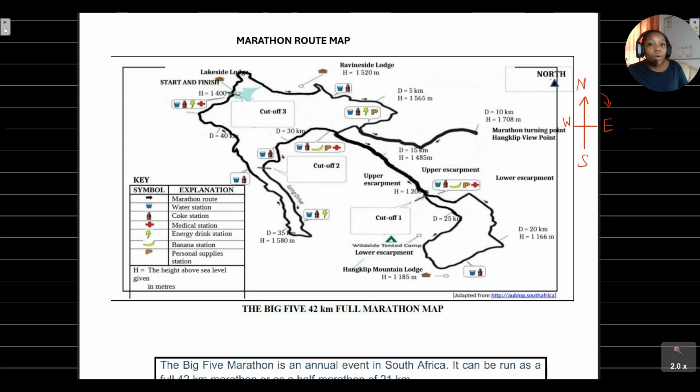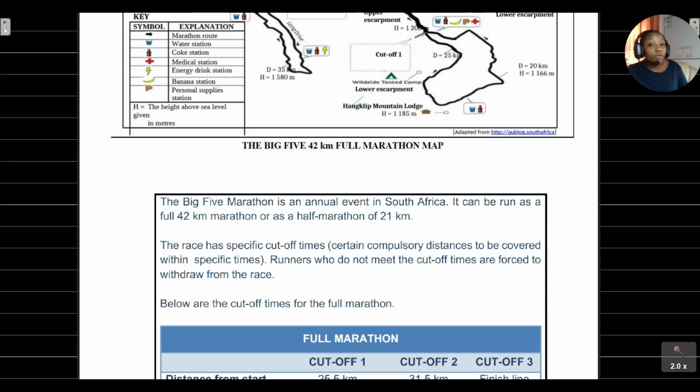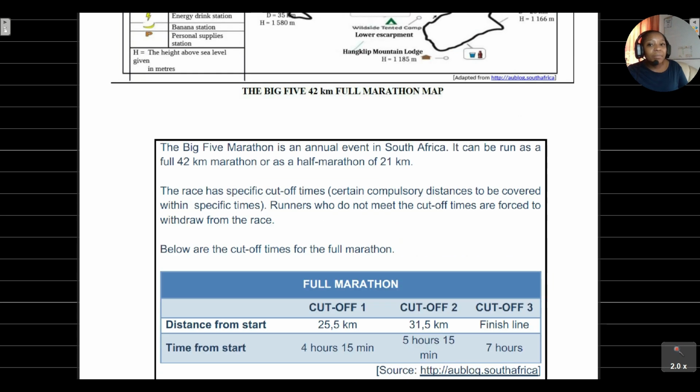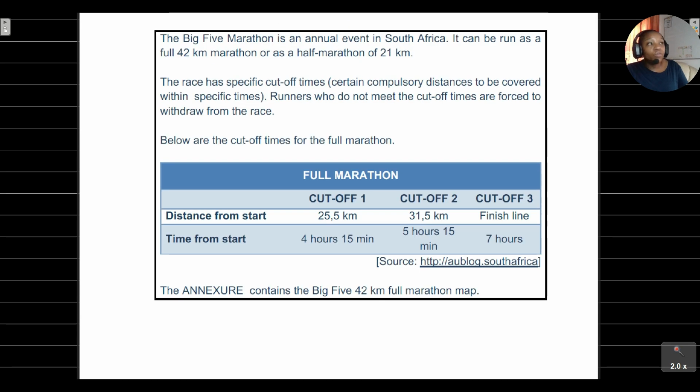So now we have an idea of what cut off 1, cut off 2, cut off 3 mean. These are cut off times, which means that at a particular time, you should have run a particular distance. Runners who do not meet the cutoff times are forced to withdraw from the race.